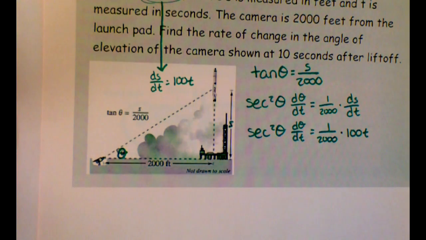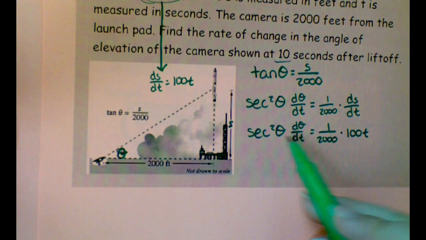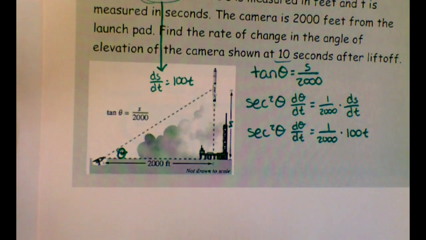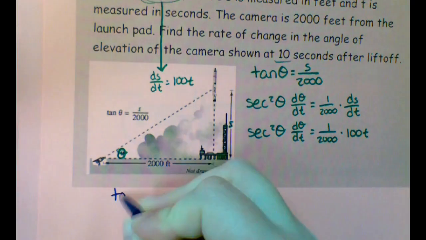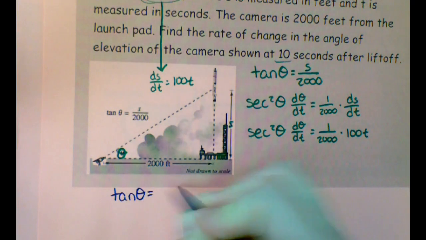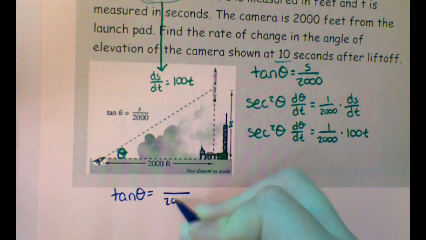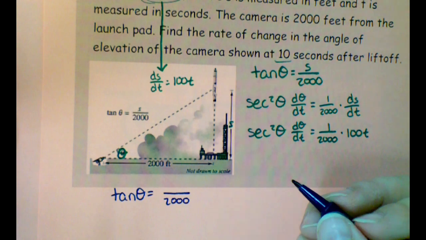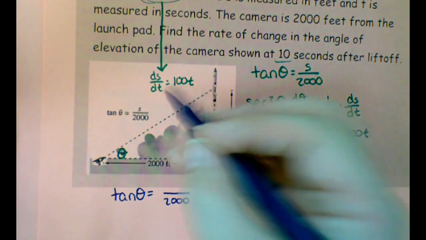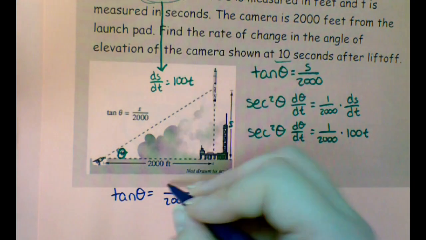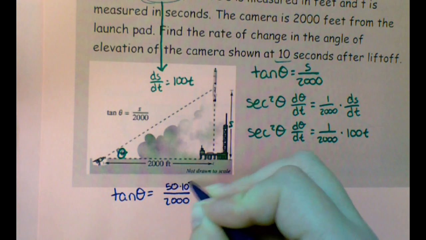Now let's plug in what we know. We know what t is. t is 10 seconds. But do we know theta? The answer is not yet, but we can figure it out. If I know that the tangent of theta equals s over 2,000, well, I can find s because s is 50t squared, 50 times 10 squared.